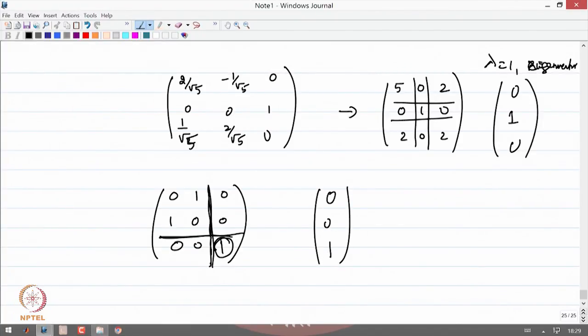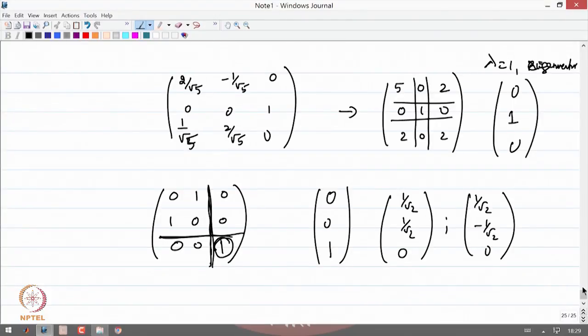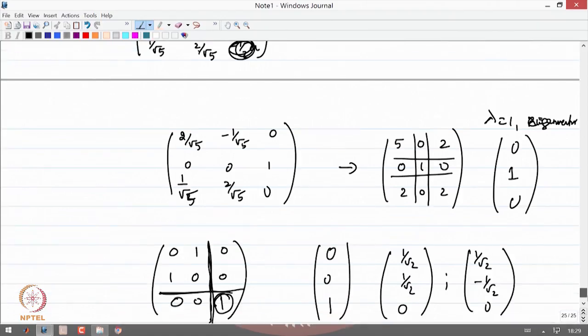And you recall that since this is standalone, with respect to the eigenvectors of the other two, this will not contribute, therefore this will be 0. So you will have 1 by root 2, 1 by root 2 as the other eigenvector, and the third eigenvector as 1 by root 2, minus 1 by root 2, 0, as you have seen in this case.